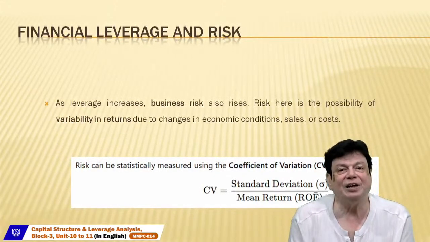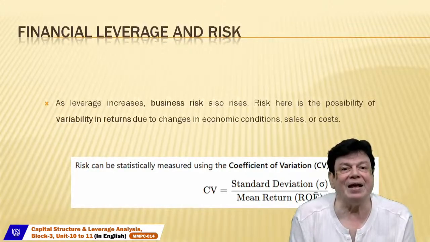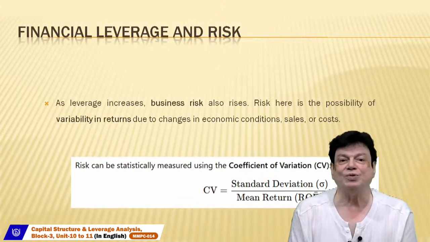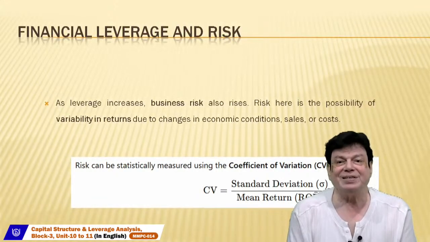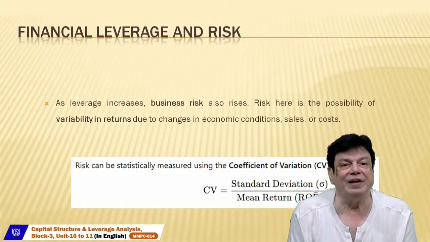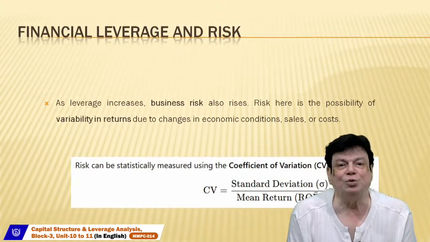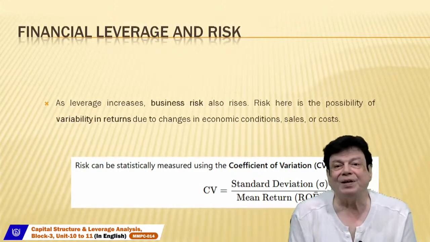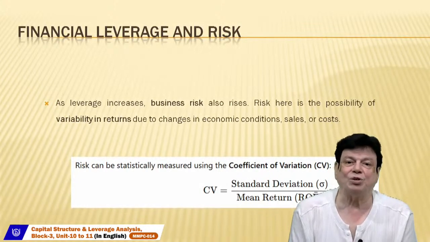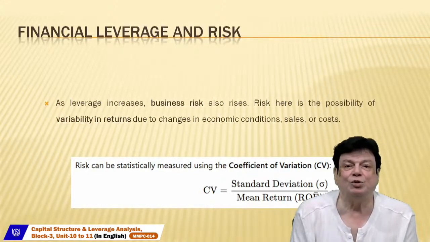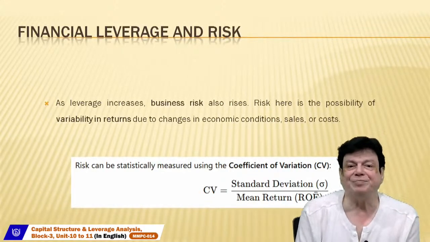Now, financial leverage and risk. As leverage increases, business risk also rises. Risk here is the possibility of variability in returns due to changes in economic conditions, sales or costs. Risk can be statistically measured using the coefficient of variation.